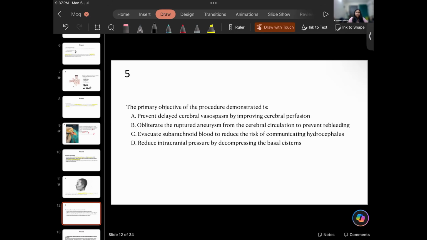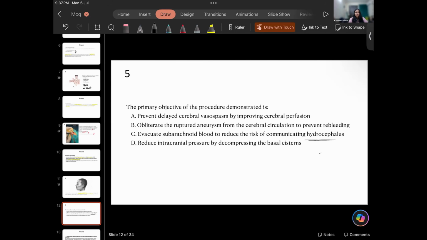This will obliterate the ruptured aneurysm from the cerebral circulation to prevent the rebleeding. It sounds more accurate. This will evacuate the subarachnoid blood to reduce the risk of communicating hydrocephalus. No, surgical clipping will not evacuate the blood to reduce the risk of hydrocephalus. Whenever there is a large bleed, that is an intraventricular hemorrhage, it leads to hydrocephalus.